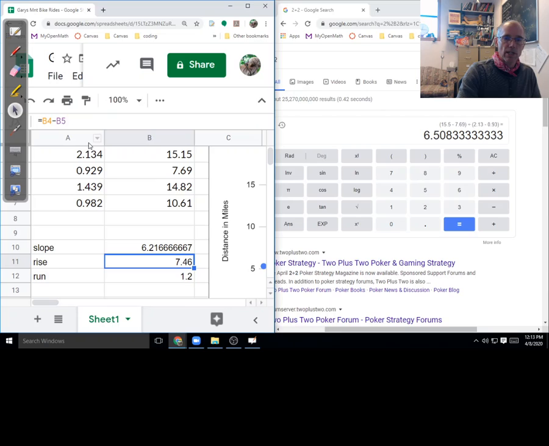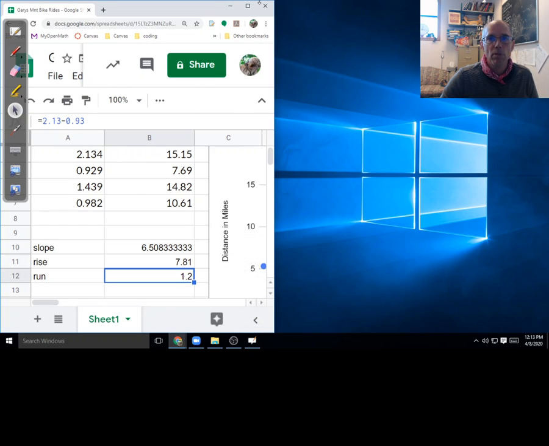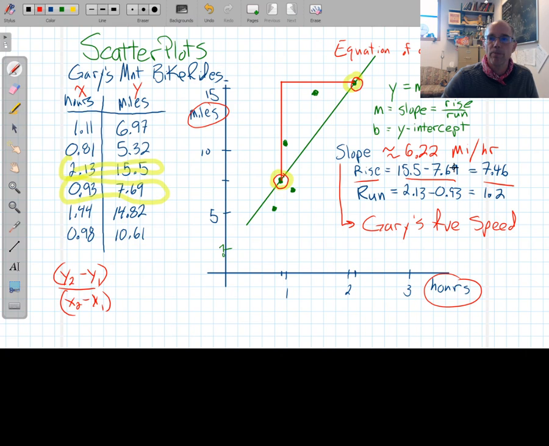So instead of using the spreadsheet numbers, which are different because I miscopied, I'm going to go with what's written in my notebook. So 15.5 minus 7.69. That gives me 6.508, and Google says 6.508. OK, so we're going to go with that slope instead, even though the spreadsheet one, I think, was what my bike computer said, but that's OK.